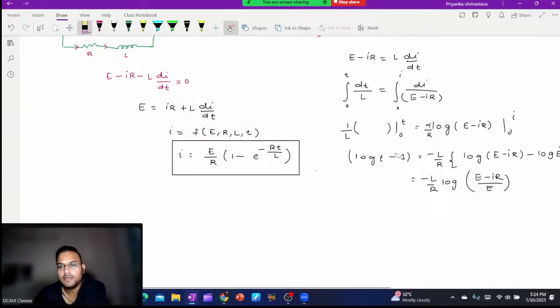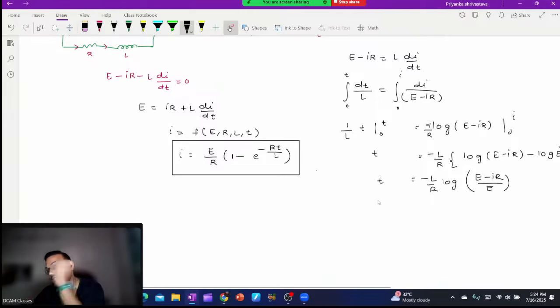Why have I written log T here? 1 by L is there, there is nothing inside. 1 by L into T. T by L. L I'll remove, so T will be there only.